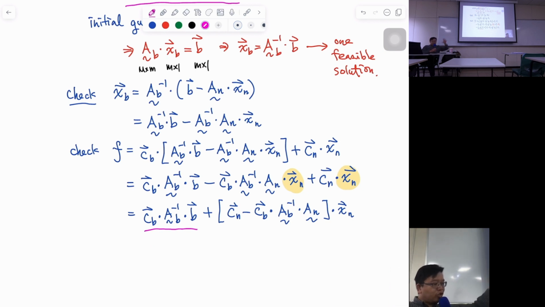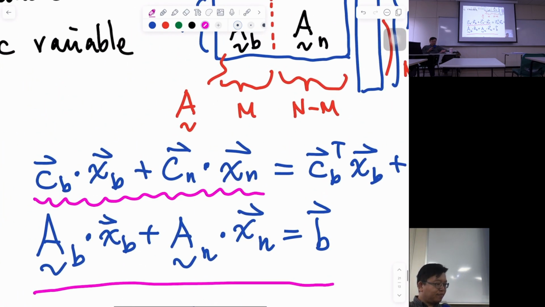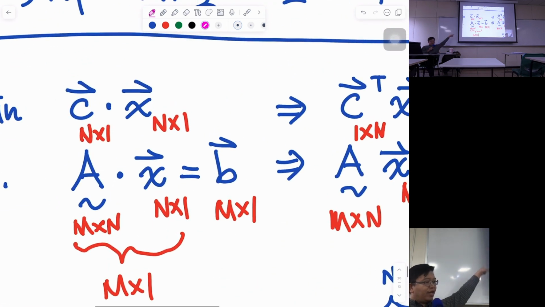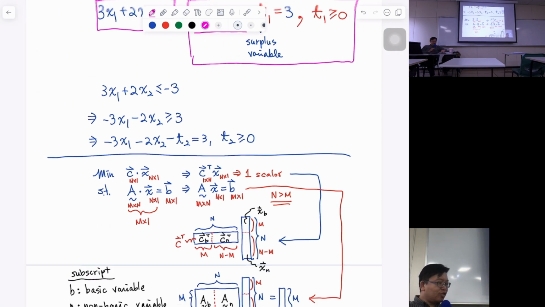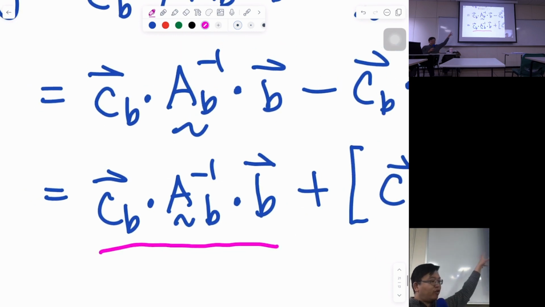AB is also some coefficient inside the constraint. You have A dot x equals b, right? So A are just a bunch of coefficients. So over here, AB inverse is a matrix of numbers.